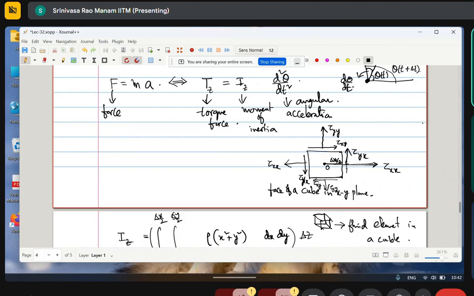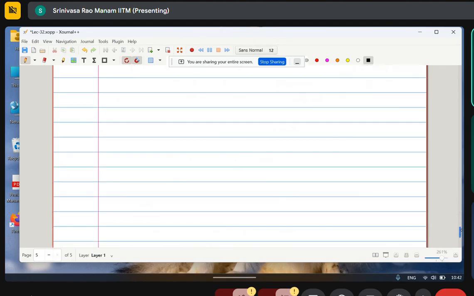So this force, for example, this ZYX, okay? I mean, tau YX into delta X by 2. If you take this as positive, that is 1. And what happens to this negative one? Net, this is 1. So I'll just write it here.